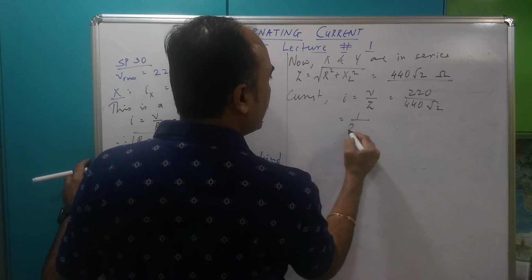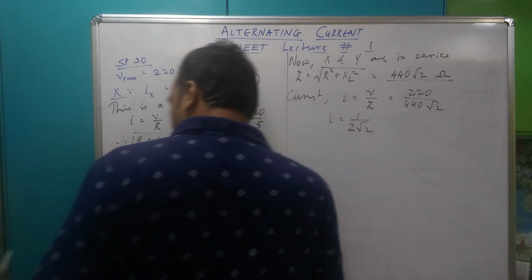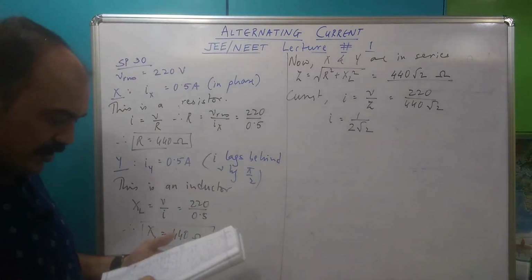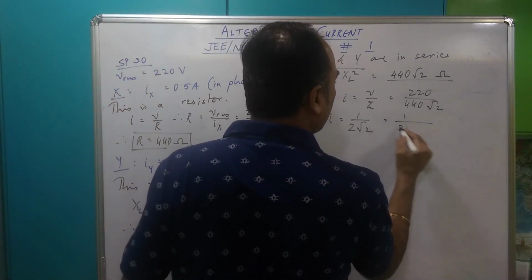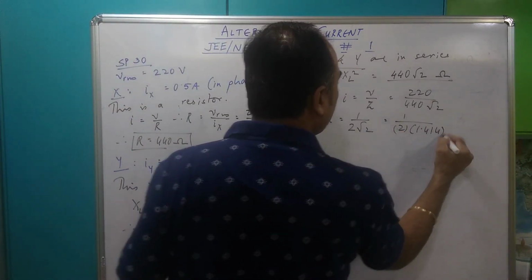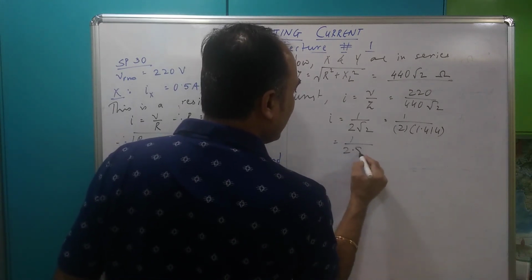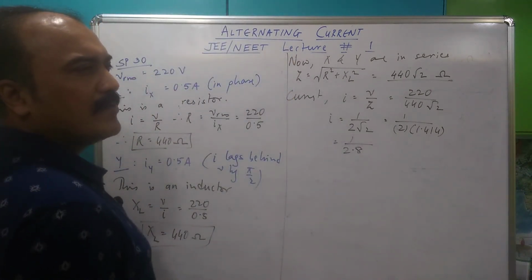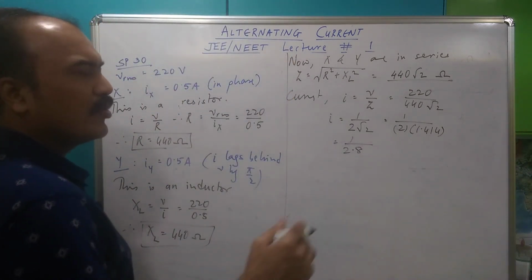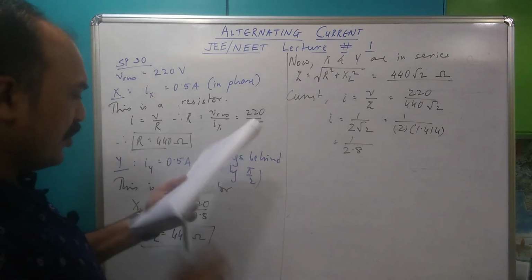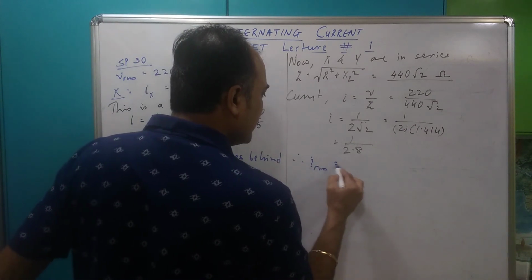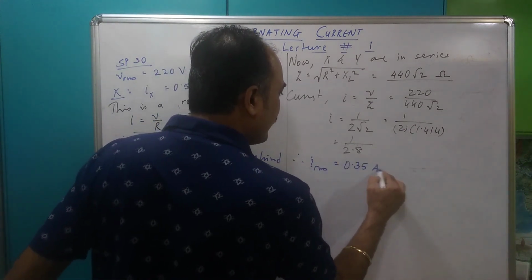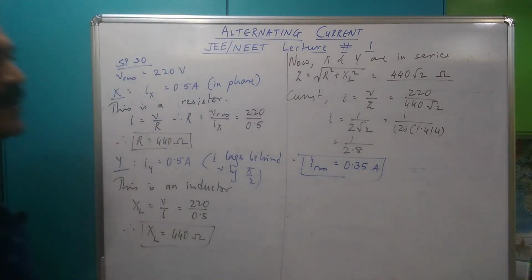This is 1 by 2 root 2. Do they want values? Okay. 1 by 2 into 1.414. That's 1 by 2.828. 1 by 3 would have been 0.33, a little more than 0.33, 0.35. Yes, sir, 0.35. So IRMS in this case is 0.35 ampere. Good one, number 30, check it out.